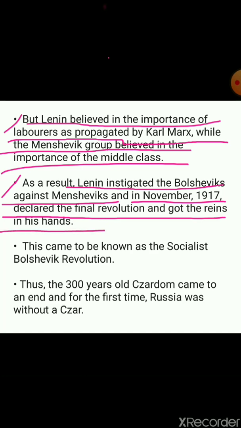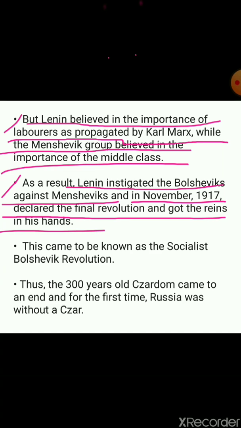Now what work was being done by Lenin over here? He instigated the people. He made the Bolsheviks and Mensheviks against each other, and in November 1917 declared a final revolution.